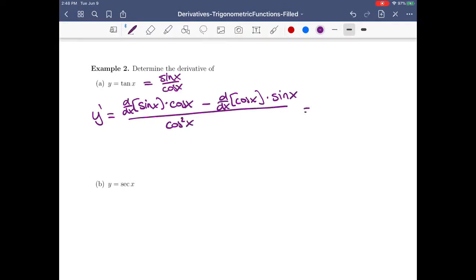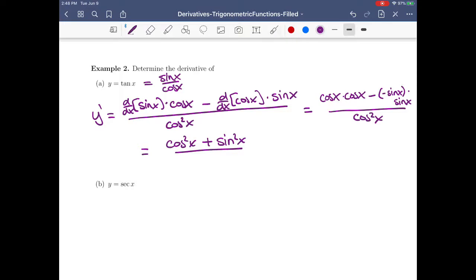The derivative of sine is cosine times cosine x, minus the derivative of cosine, which is negative sine x, times sine x, all over cosine squared x. If I simplify, I have cos squared x plus sine squared x over cos squared x. If we remember the Pythagorean identity, cos squared x plus sine squared x is just 1.